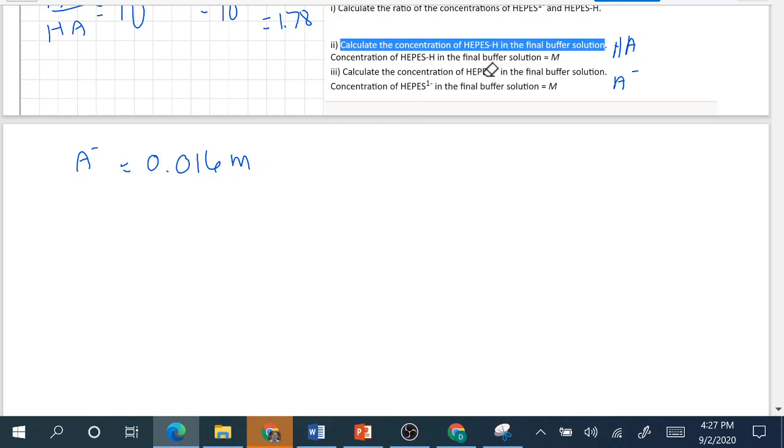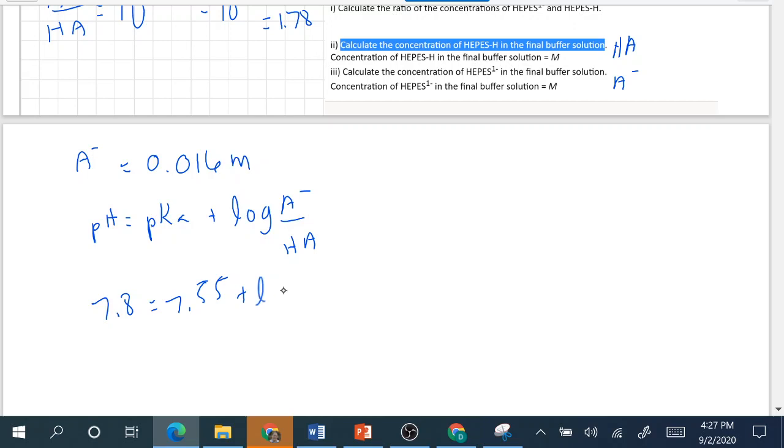So now we need to calculate our HA, and we can do that from the Henderson-Hasselbalch equation. So the pH is equal to the pKa plus the log of A minus over HA, so 7.8 is equal to 7.55 plus the log of 0.016, which we calculated in the last video, over HA.